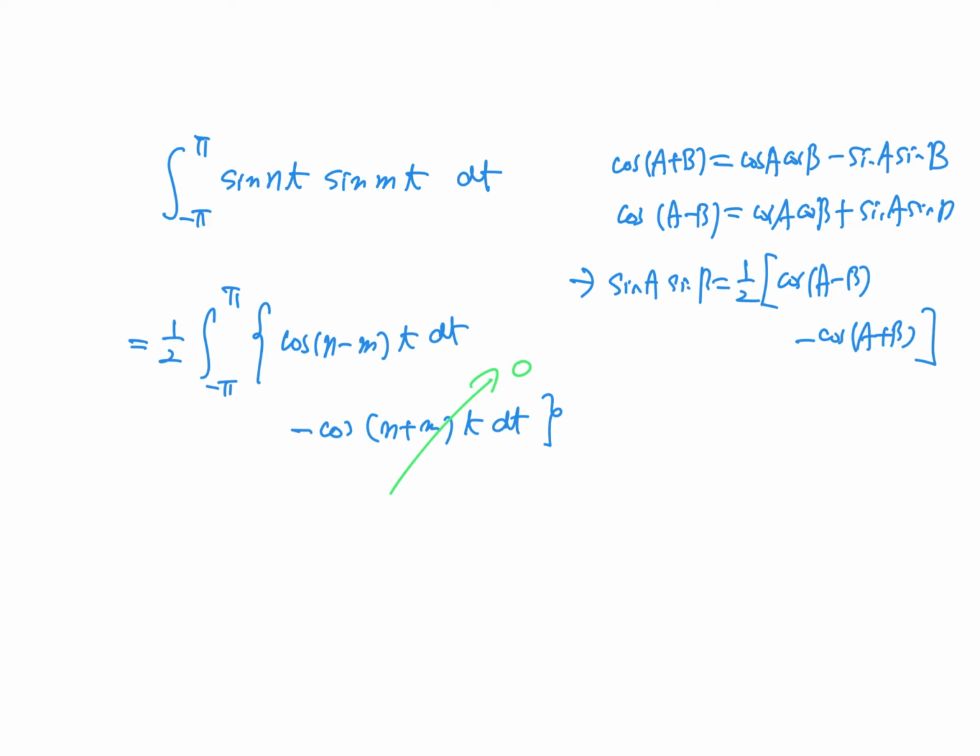When n is equal to m, then cosine of (n minus m)t is cosine 0, which is 1. So this gives 2 pi, right? So this integral is very easy: 2 pi over 2, or 0 when n is different from m.